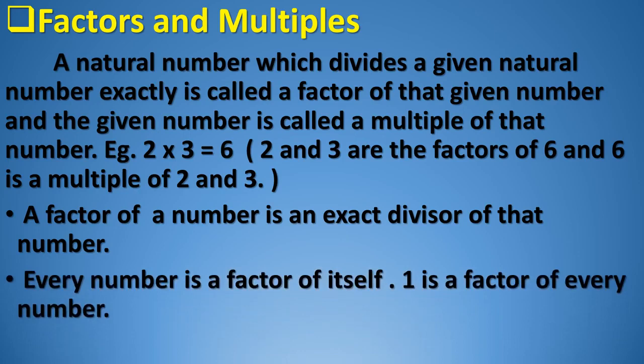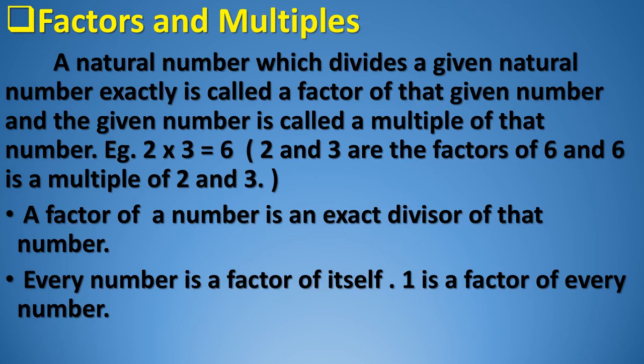The second point is that every number is a factor of itself. Why do we say that? Because every number appears in its own table. If we divide 4 by 4, it is possible. If we divide 12 by 12, that is also possible.